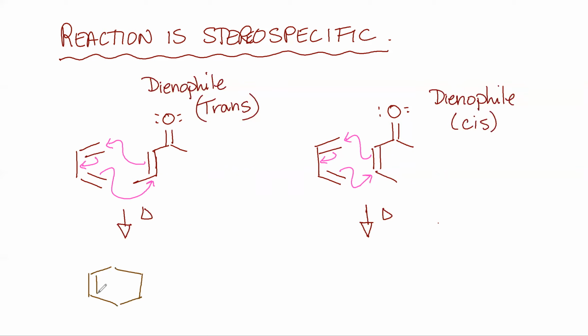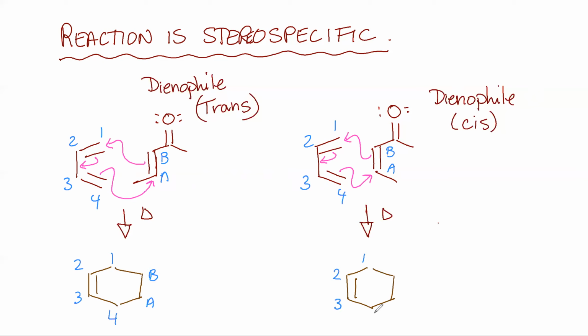Let's label our carbons here. Let's do this in blue. A, B, 1, 2, 3, 4. 1, 2, 3, 4. A, B. And now let's label our carbons again. 1, 2, 3, 4. A, B. 1, 2, 3, 4.